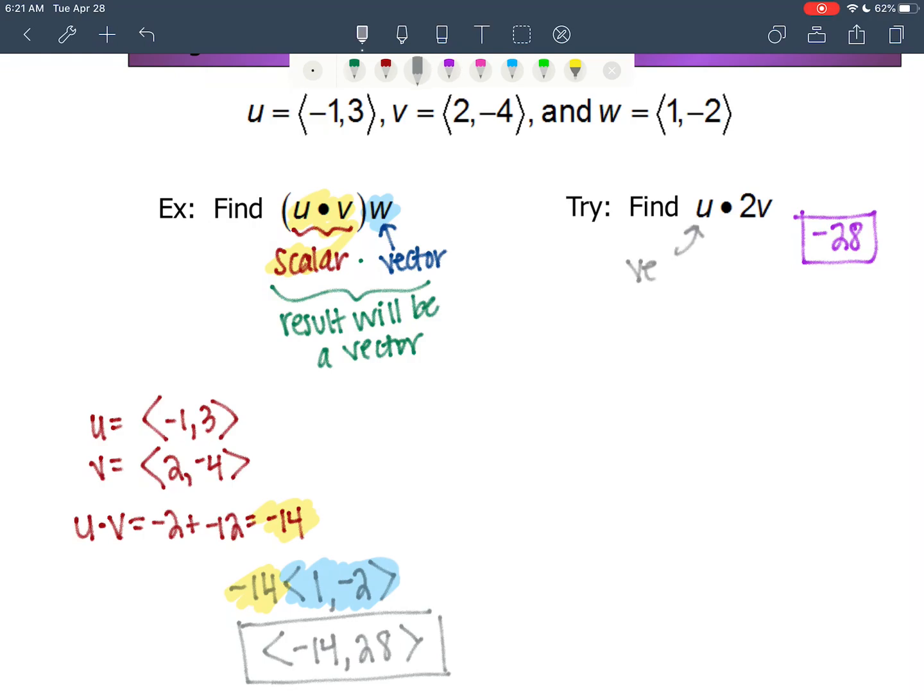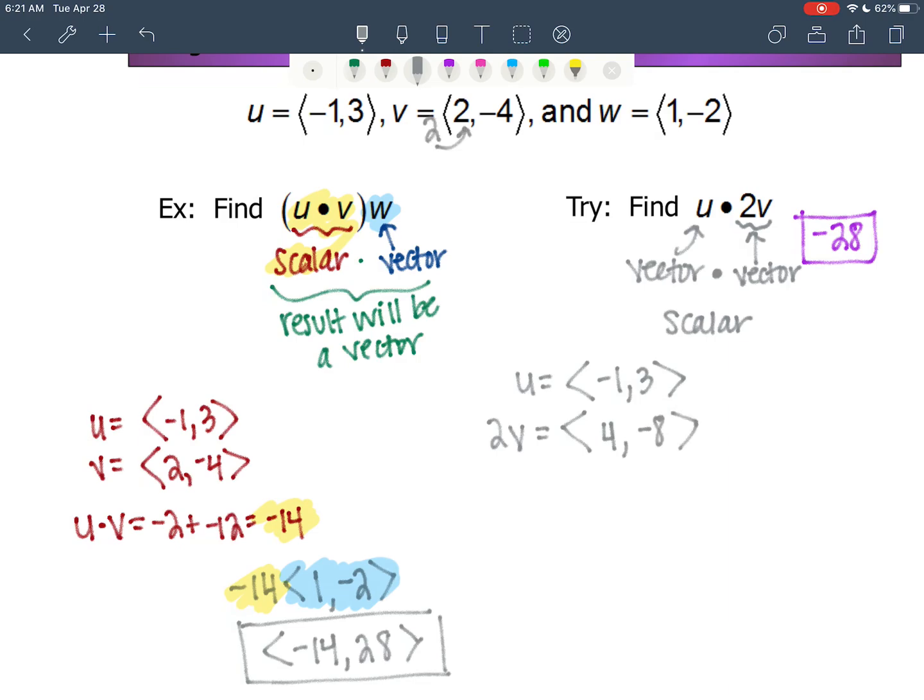U is a vector. 2v is a vector. The dot product of two vectors will result in a scalar. So u is negative 1, 3. 2v is 4, negative 8, simply taking vector v and multiplying both components by 2.